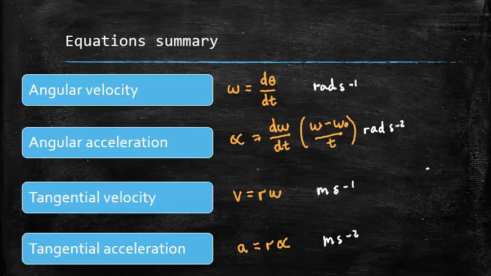Some other equations of note that we've discussed, s equals r theta can sometimes be useful, as can omega equals 2 pi over t, if you're given the period and you want to calculate the angular velocity.